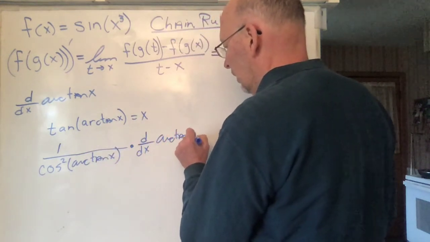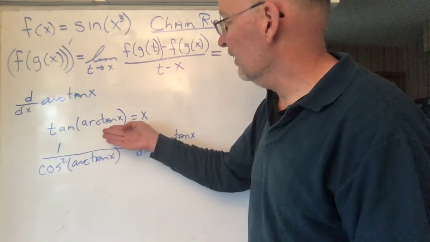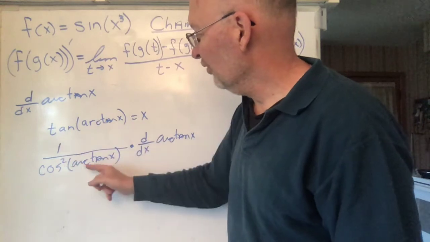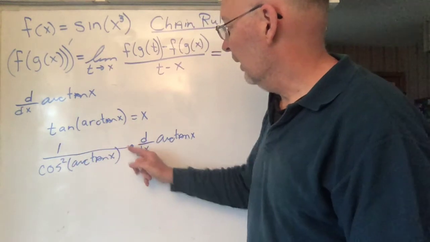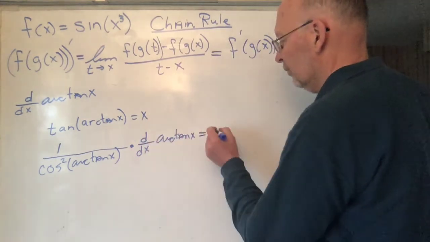Okay, there it is. I don't know what it is yet, but that's certainly true. The derivative of this thing is 1 over the cosine squared of this times the derivative of the inside, and that's all going to be equal to the derivative of x, which is just equal to 1.